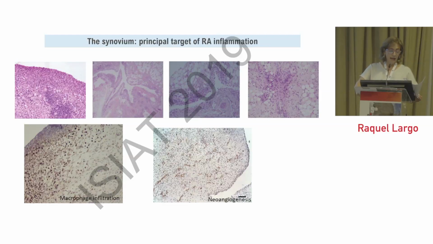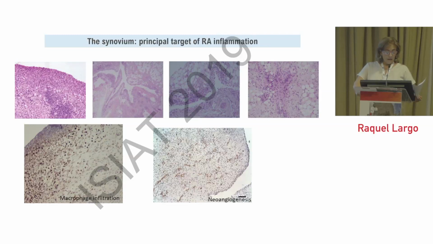You can see a lining layer only 2 or 3 cells thick, consisting mainly of macrophages and synovial fibroblasts, and a sublining mainly consisting of adipocytes with a scarce number of macrophages or fibroblasts. It's really a connective tissue, highly vascularized.